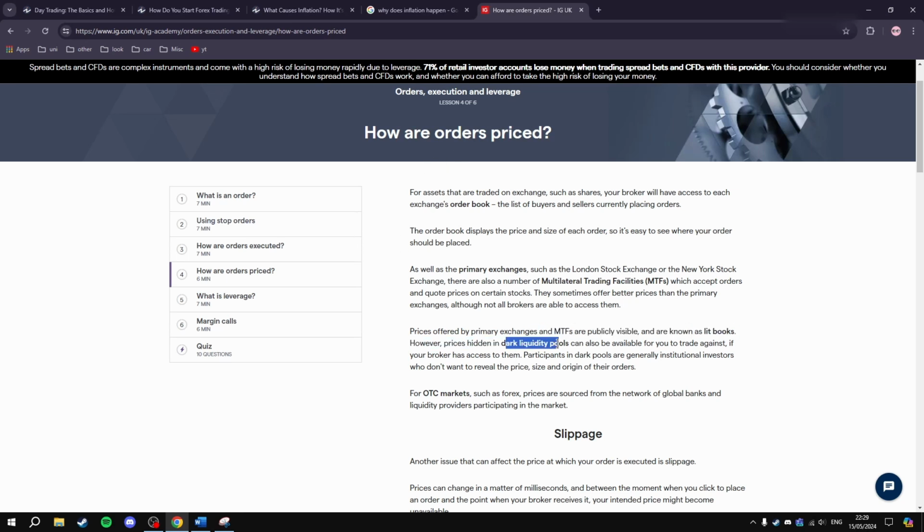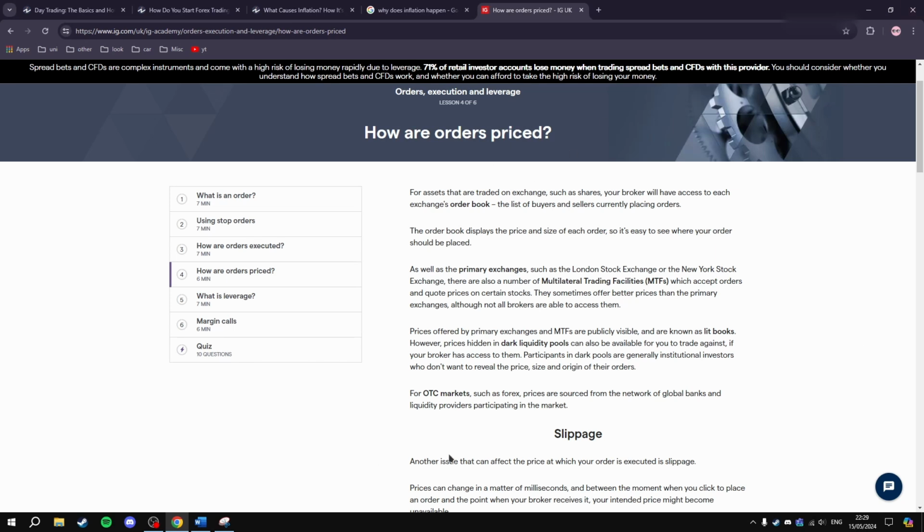So is this like a hidden pile of trades which are used if there are no other trades to go against yours? So your broker has access to these reserve liquidity pools to use against you if you do decide to do a trade which no one else has the opposite of, right?